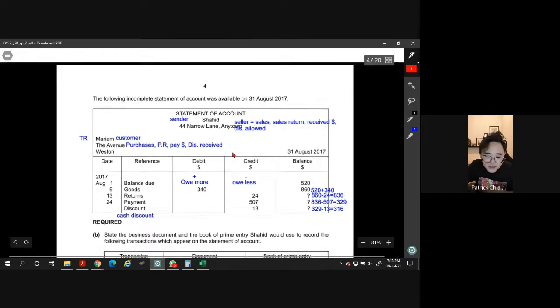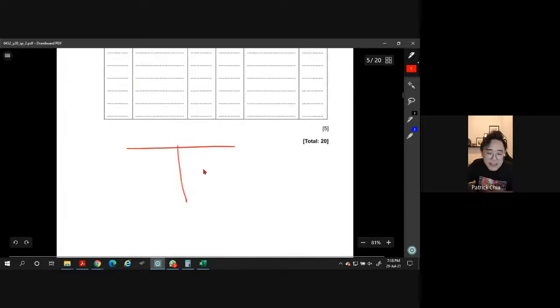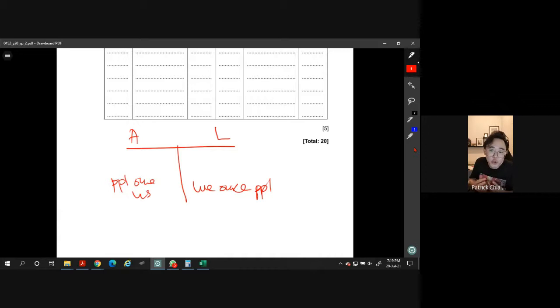If you remember what I said last week in T accounts, it doesn't matter which T account it is. If people owe us, it's always on the left side. Why? Because asset is on the left, correct or not? And if it's a liability, we owe people. What information do we use to represent this idea of people owing us and us owing people?